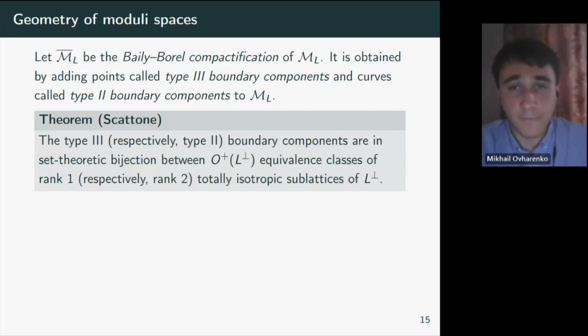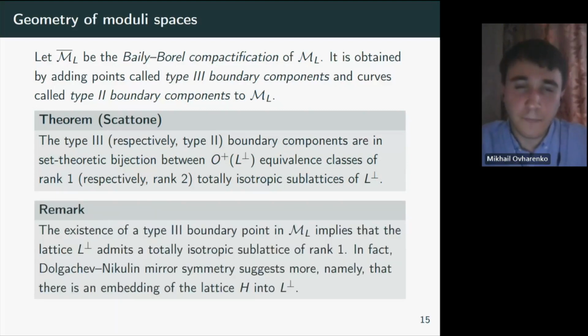And we should consider such equivalence classes of rank 1 or rank 2 totally isotropic sublattices of the orthogonal complement to our lattice L. But in fact, the existence of a type 3 boundary component implies that the orthogonal complement has a totally isotropic sublattice, but of rank 1.